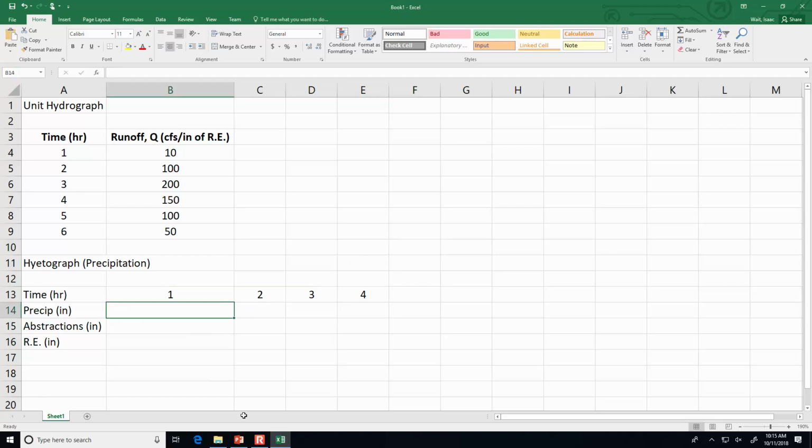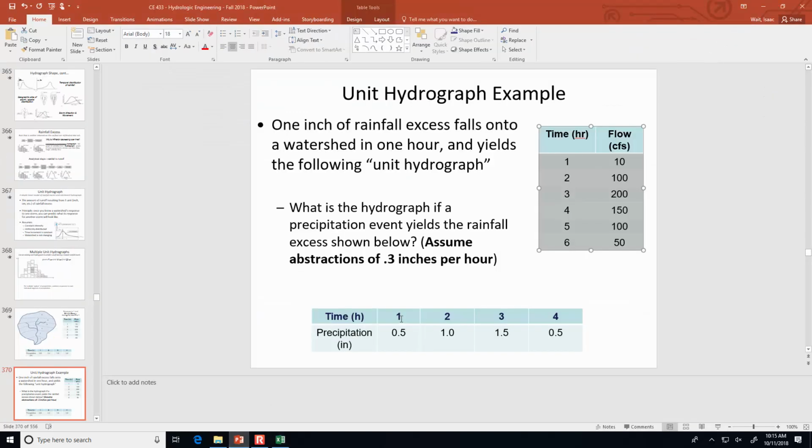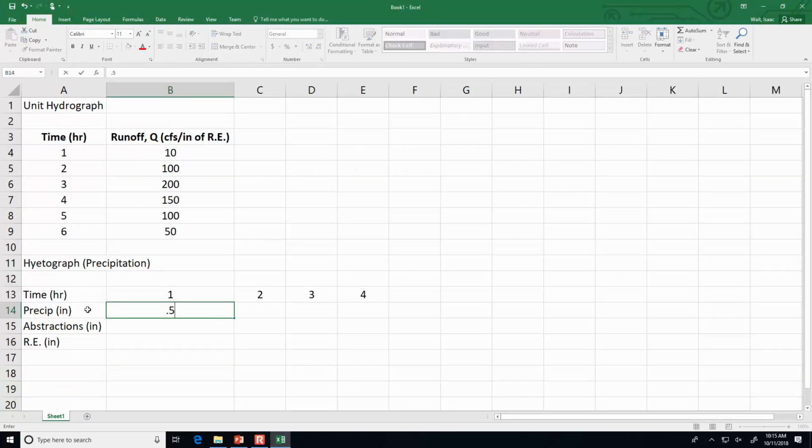Okay, so the table said that let's look at what happens if there's half an inch, then 1 inch, then 1.5, and then back down to half an inch.